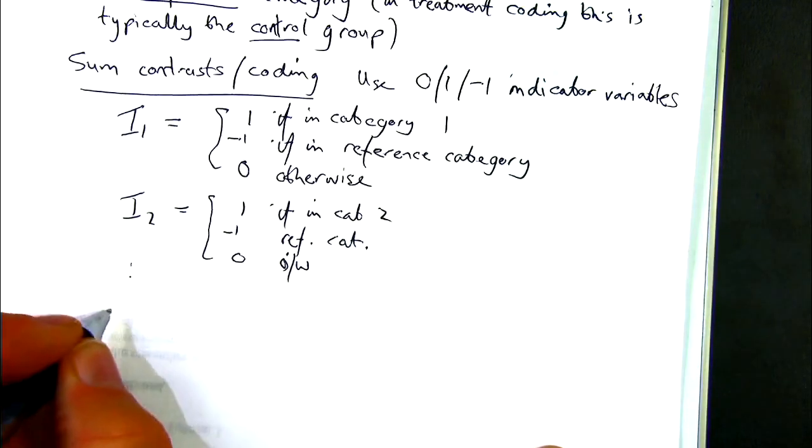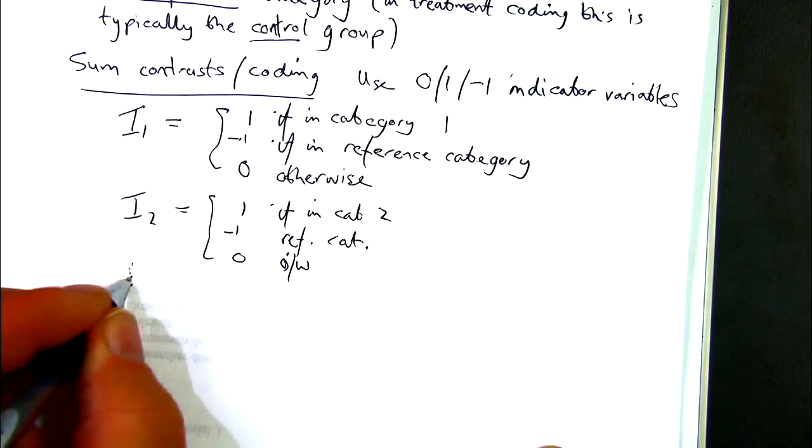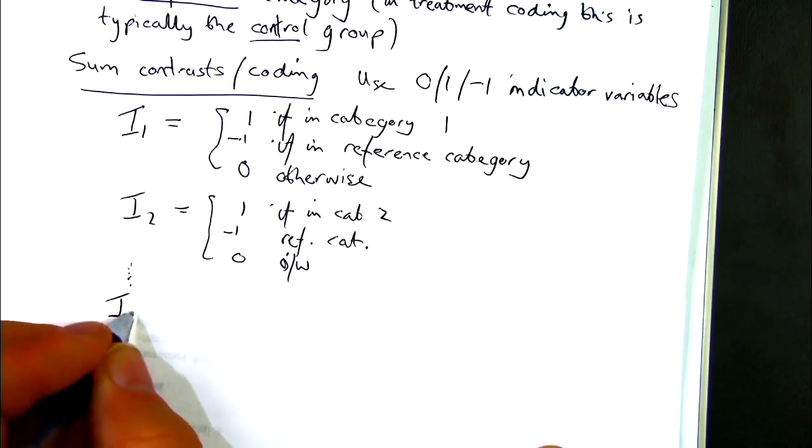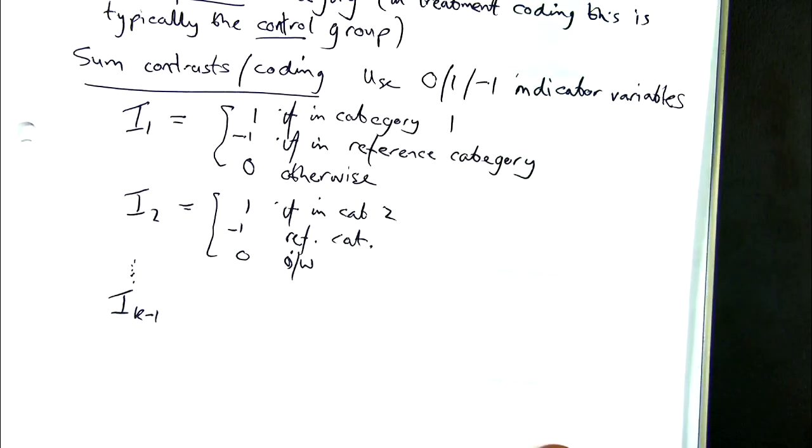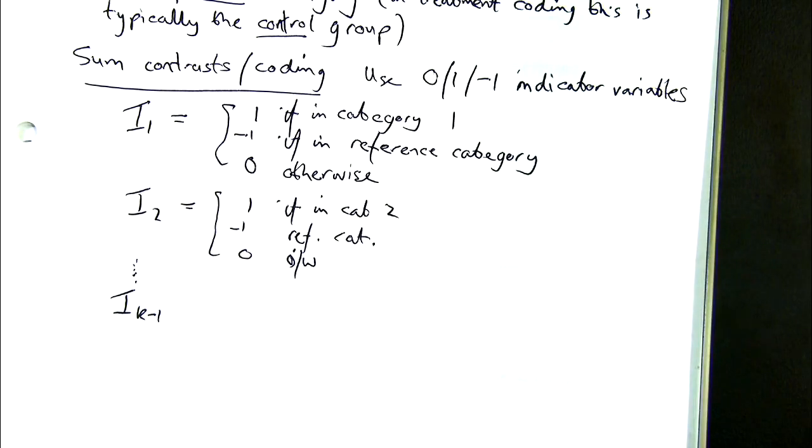And again, you can't over-parameterize. If you go to I_{K-1}, the Kth category is going to be the reference category. It's going to equal -1 regardless. Okay?